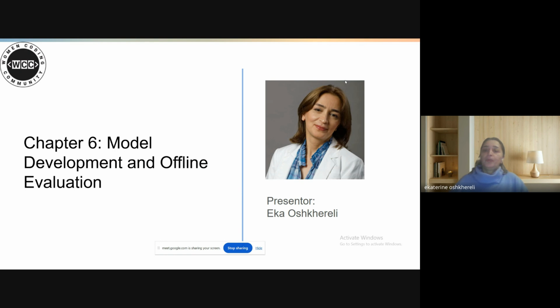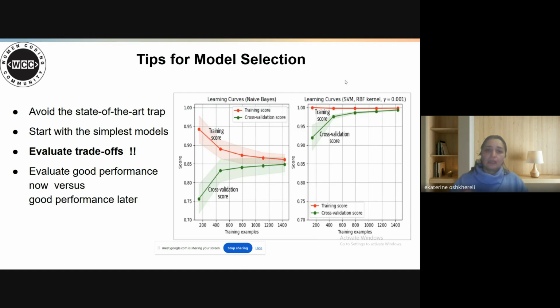For example, a simple logistic regression model might have lower accuracy than a complex neural network, but it requires less data, is easier to interpret, faster to train, and easier to deploy. So there are a few tips that we have to consider when we make the final decision on which model to select.